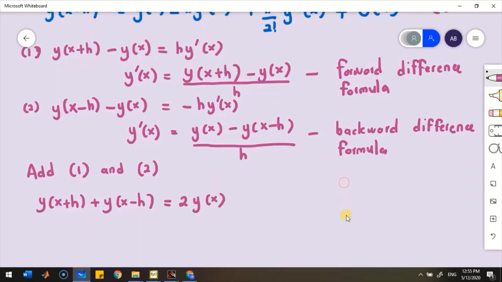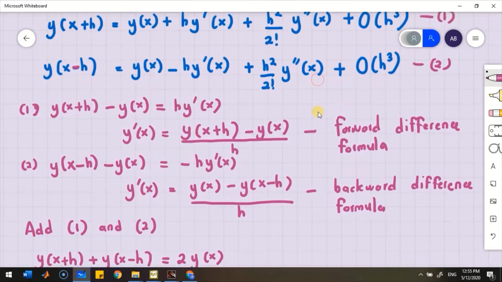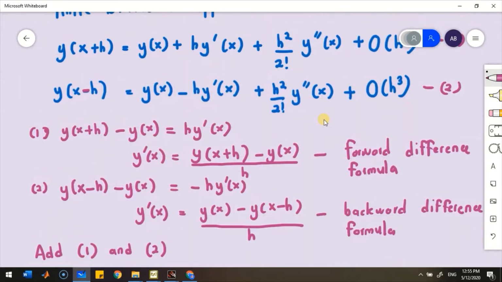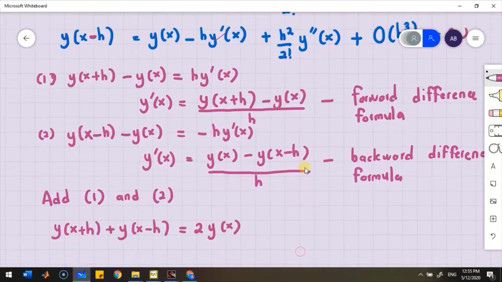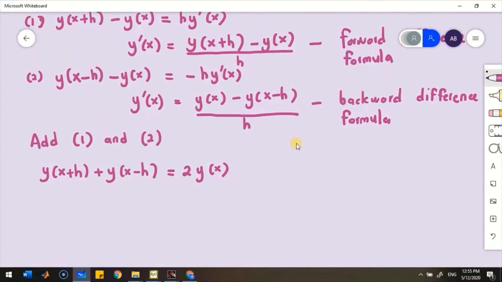The term involving y prime cancels out. And then h squared over 2 plus h squared over 2 gives h squared, so I have plus h squared y double prime x.